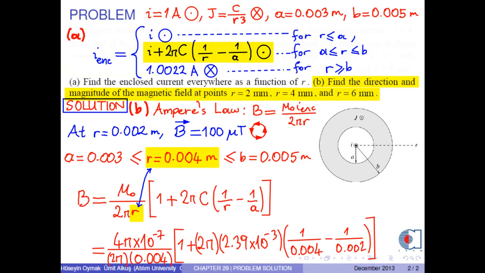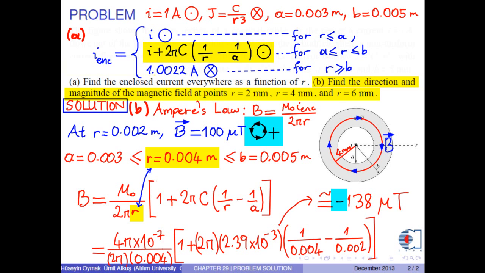Therefore, we obtain approximately negative 1.38 times 10 to the negative 4 Tesla, or negative 110.38 microtesla. Because the counterclockwise direction is positive, the negative sign in the magnetic field tells us that the direction of the magnetic field is clockwise.